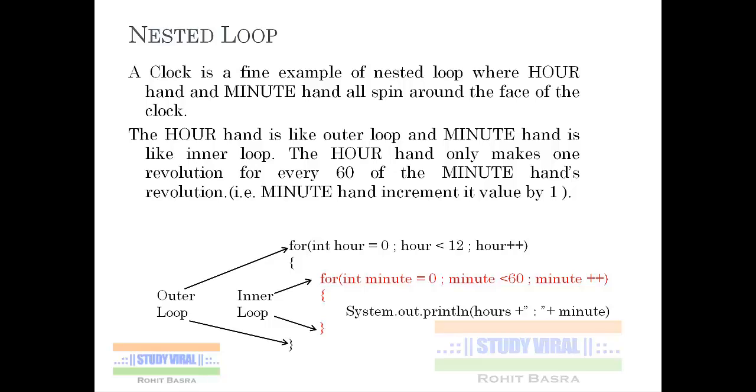When it completes its cycle, the hour variable increments its value from 0 to 1, and again the inner loop moves through its iteration from 0 to 59, and again comes back to the outer loop where the variable value gets incremented, and so on. So this is a simple example we can assume.